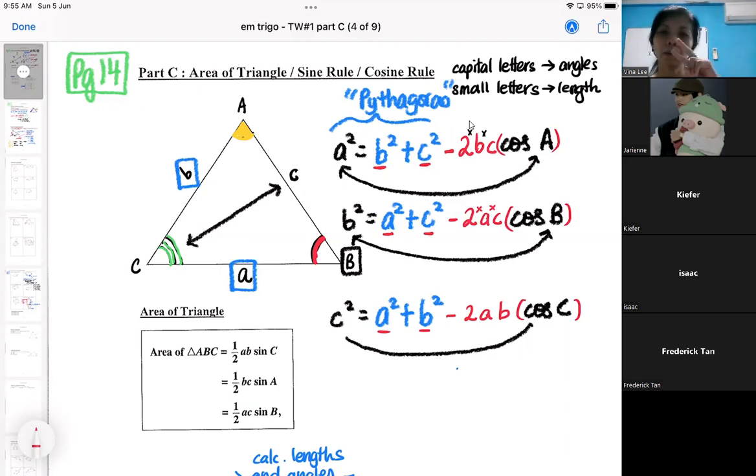If the question has 2 arrows, I will use sine rule. If the question only has 1 arrow, I will use cosine rule. So 1 arrow, cosine rule; 2 arrows can form 2 fractions, so I will do a sine rule. That is the introduction on the 2 formulas before I show you a numerical example.